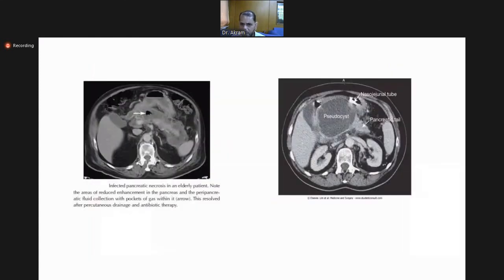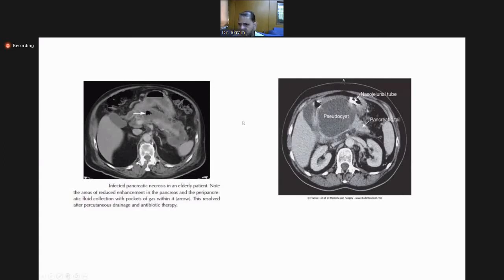This is the pancreas, and here you can see the collection. This is a well-defined cyst containing fluid. And this is a shadow with a nasal tube put in. This is known as a pancreatic pseudocyst. If the pancreatic pseudocyst is sterile, then there is no emergency.